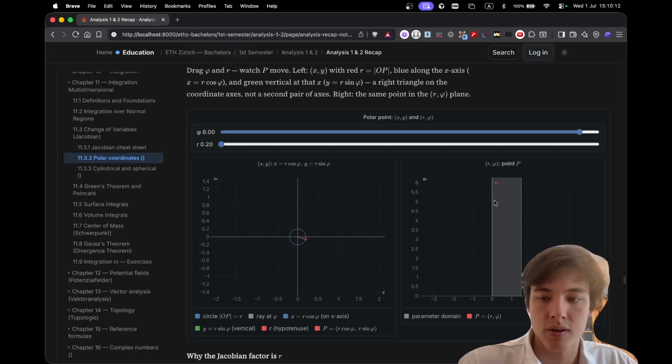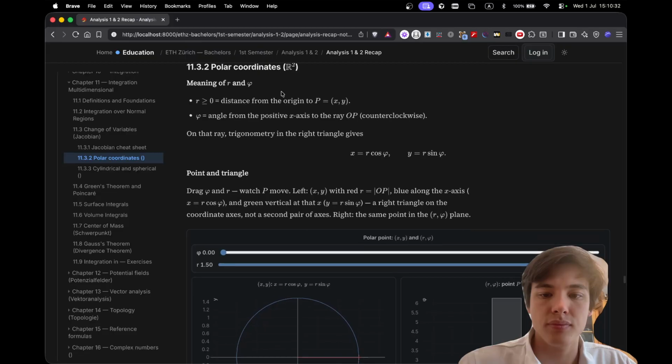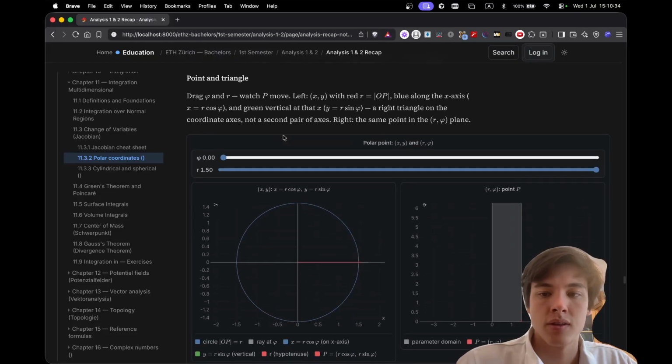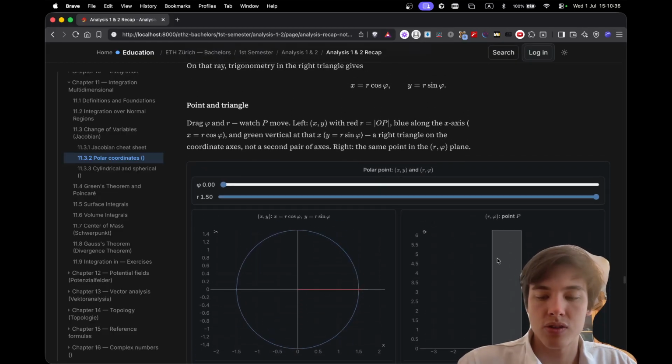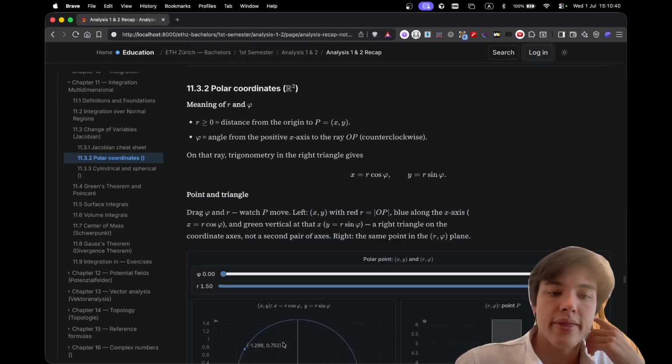But in phi, it's the same. So we change phi linearly, but here it does a small move, whereas if we have a large r and do a small step, we have a larger move. That's why in polar coordinates we need r to get that effect.